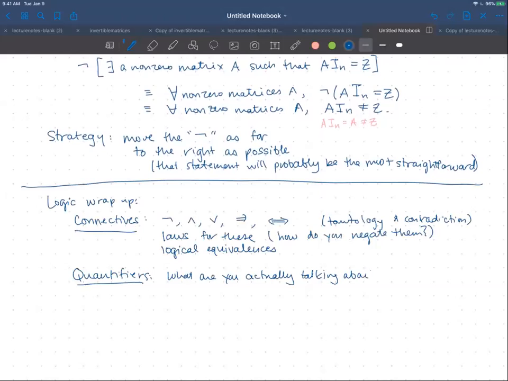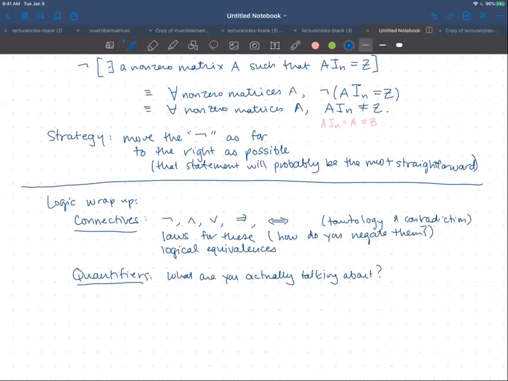And so in many of your proofs assignments, you'll notice that a lot of the propositions you're proving look like for all blah blah blah, if this, then that, right? So I probably will start writing as feedback, hey, I think you might need a quantifier here. Like, what are you actually talking about?